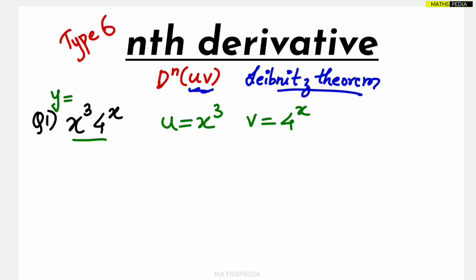Now you need to understand the Leibniz formula first, right? So I'll write the Leibniz formula first. The nth derivative d power n of uv, which basically means the nth derivative, is also written as yn.